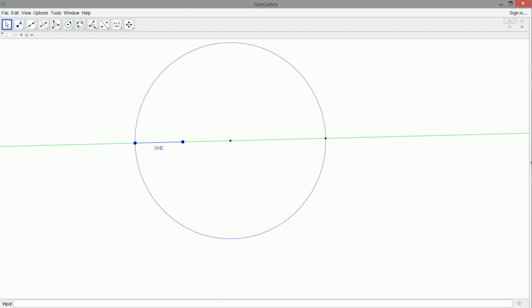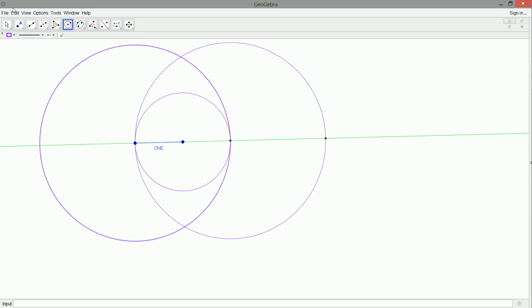Okay, so what do we need to do? Well, we need to get a line perpendicular to the end point of the 1 closest to the center of our circle. Not hard. Just pick another point, say the diameter. Now we'll get the intersection point there. I should note that once again, this center is being quite nice.